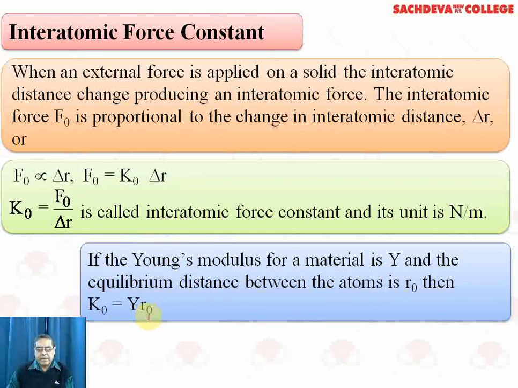That is the mathematical statement for the interatomic force constant, given in terms of Young's modulus and the interatomic separation R0. The forces among the atoms in this situation are called the metallic forces or interatomic forces.